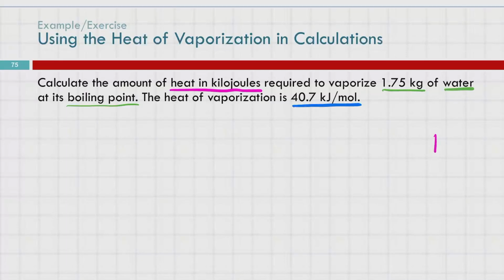So if we're trying to find kilojoules and we're given kilograms, what do we need to do to make those conversions? Let's start at the back and work our way forward. How can we get to kilojoules?